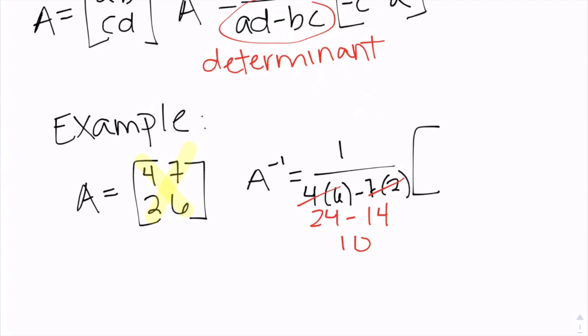And it's going to be times the matrix. We're going to switch the spots of A and D, so 6 goes here and 4 goes here, and we're going to negate B and C, so negative 7 and negative 2.